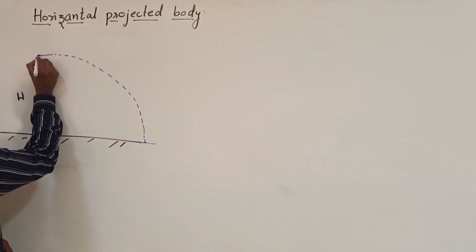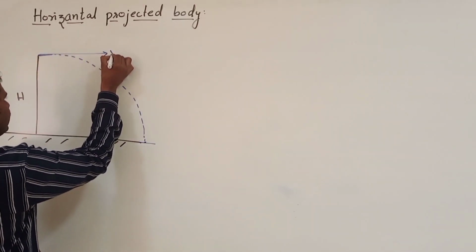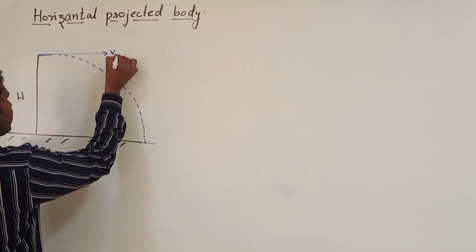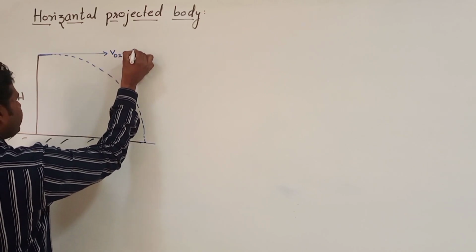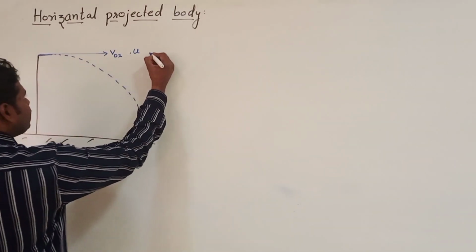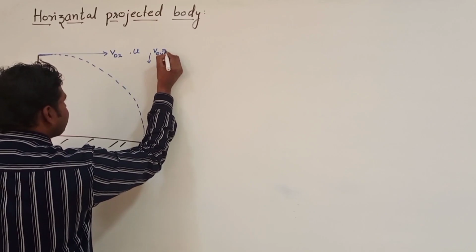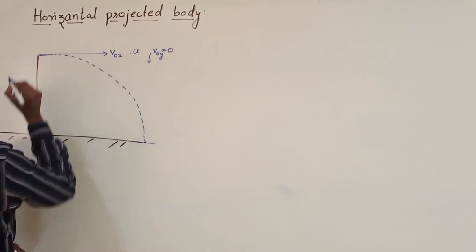Now the moment a ball or a stone is thrown, it has only the x component of velocity, or we can call it u, and the vertical component of initial velocity v naught y is equal to 0 at the point of projection.